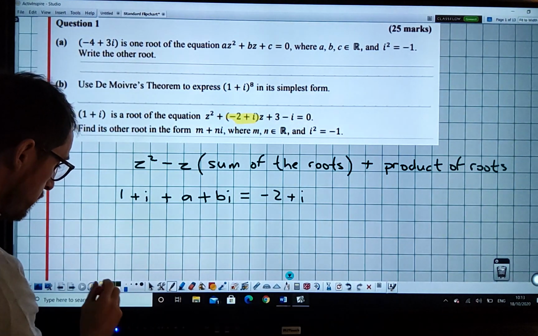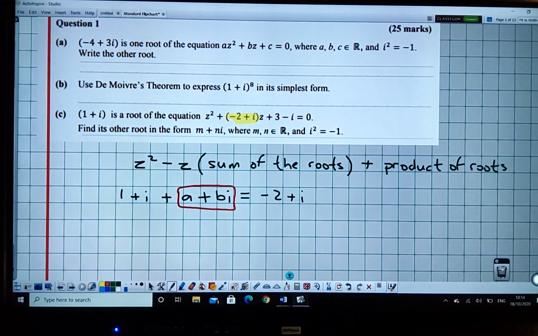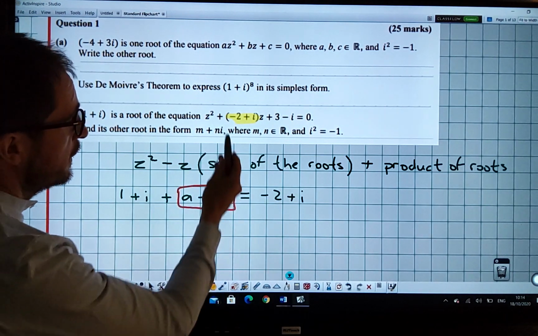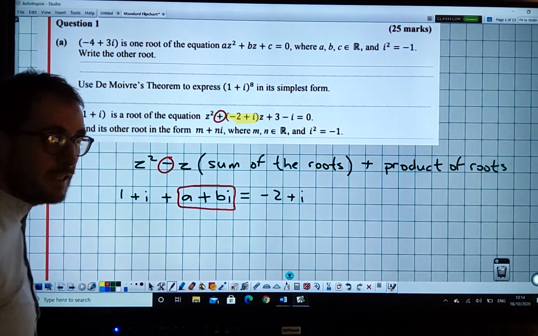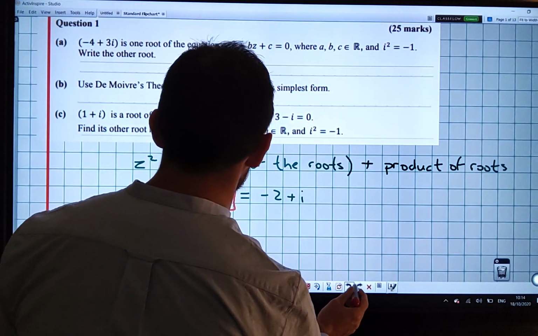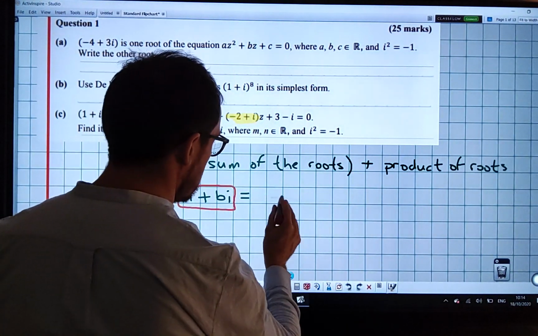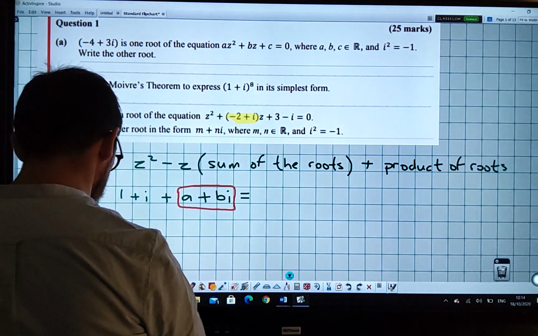This is your complex number you're trying to find, a plus bi, or m plus ni. A lot of people will do this here. But the trick to remember is to see the minus sign here and the plus? That's the little catch. To allow for that, you should do that's equal to 2 minus i.